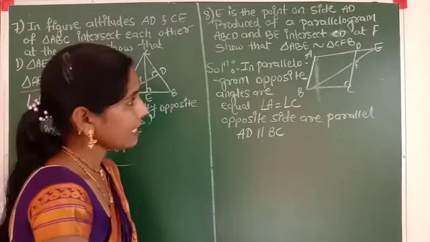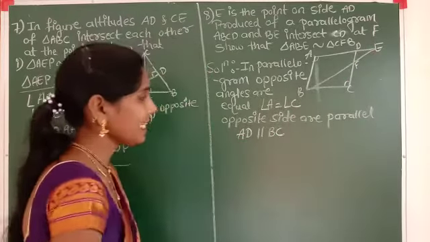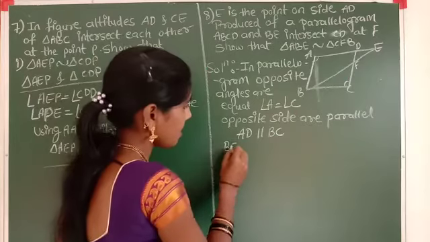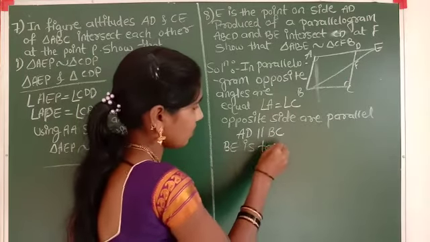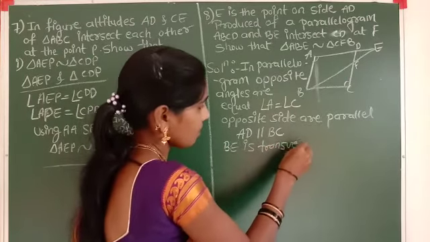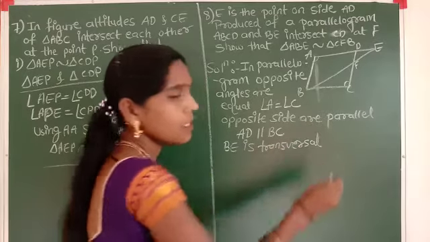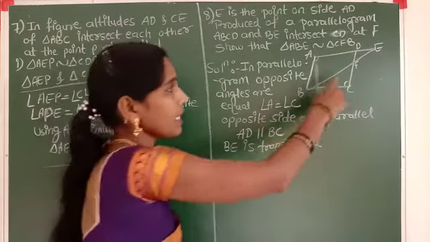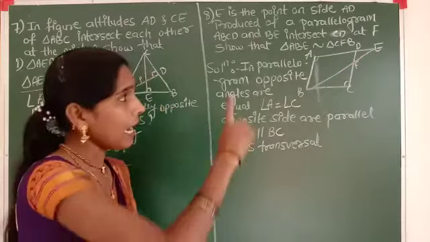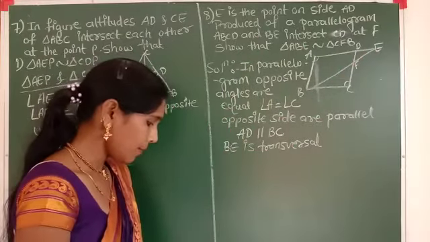So BE is a transversal. Here BE is a transversal and AD is parallel to BC.